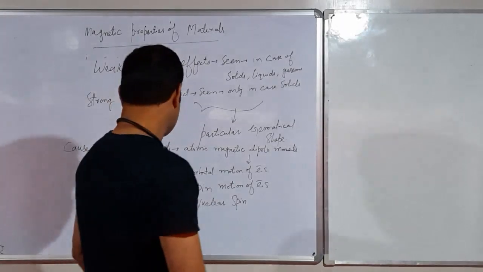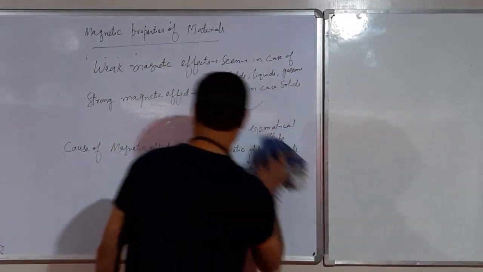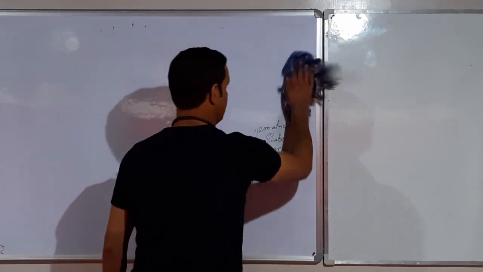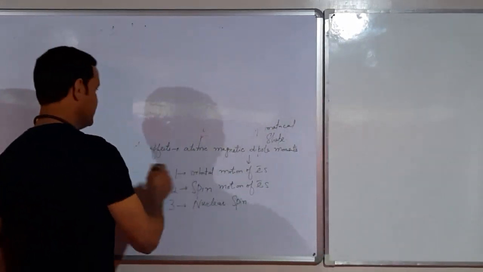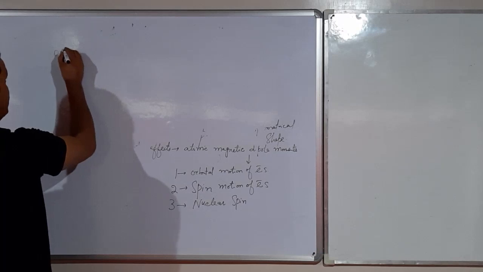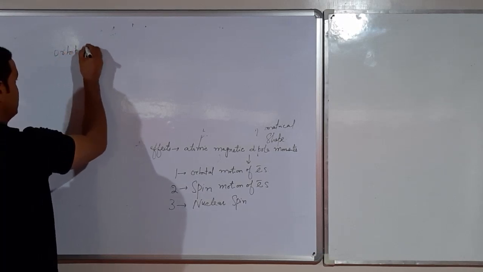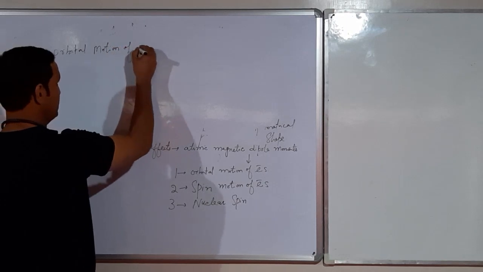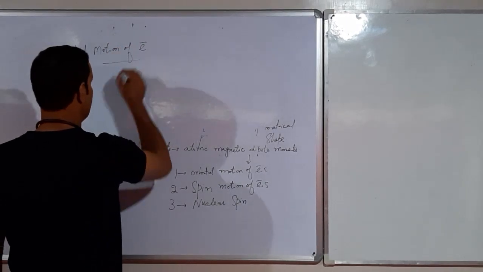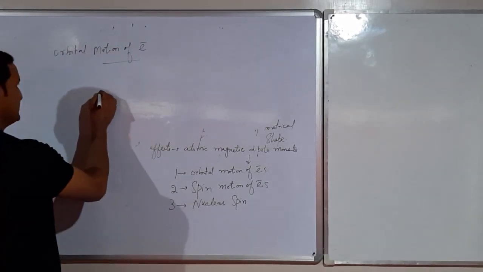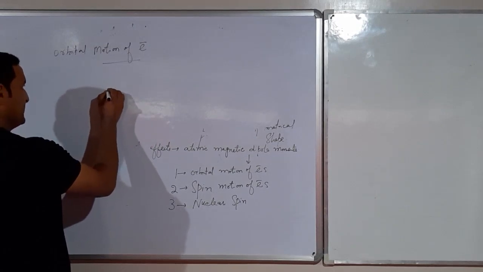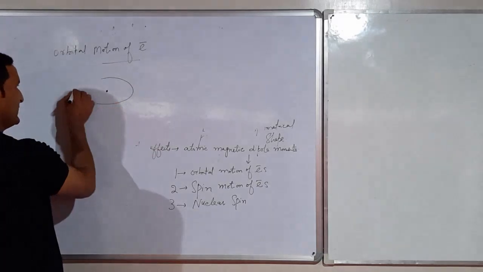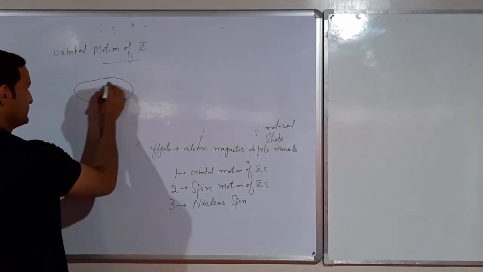First of all, you see the orbital motion of the electron. If there is a positively charged nucleus, the electron is moving around this nucleus in this orbit.